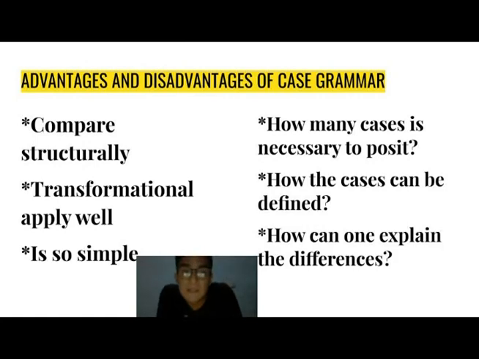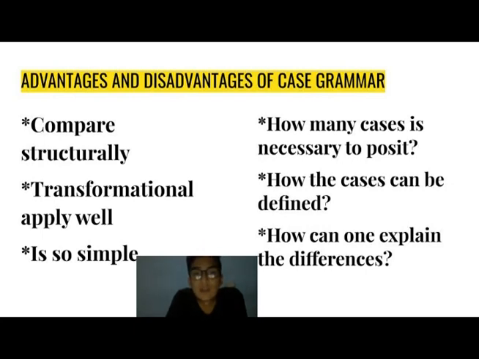Another advantage that we are considering here is that since the surface structures are derived from deep configurations by transformations, all the advantages of the transformational approach apply equally well. And the last advantage is that the machinery of deep case configurations is so simple and uninvolved that it lends itself to use.